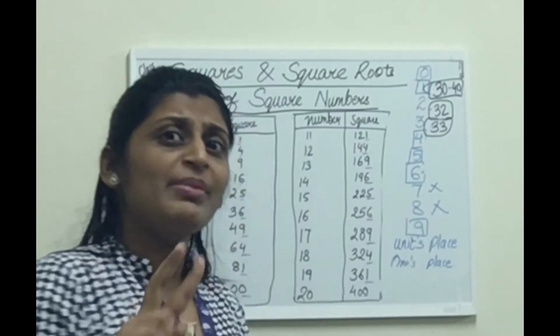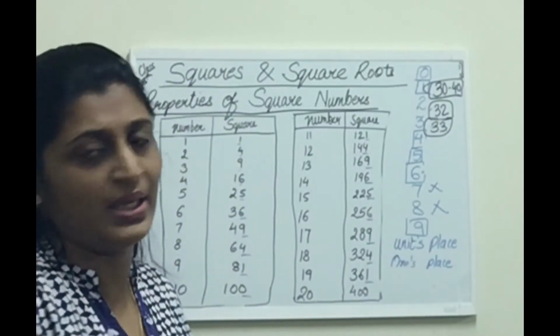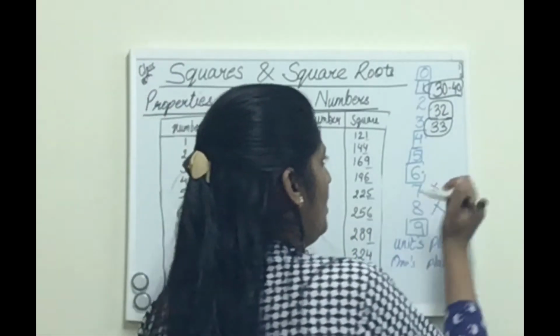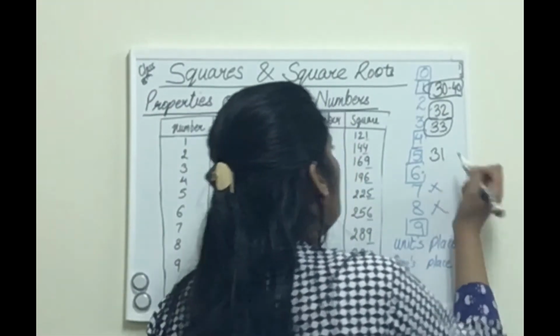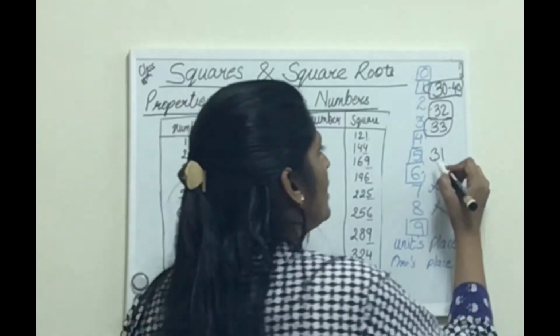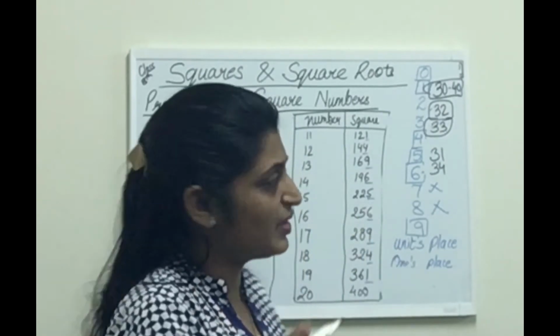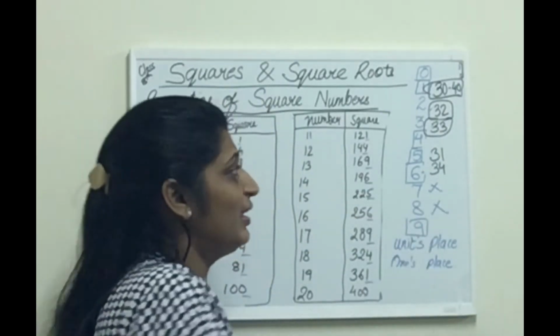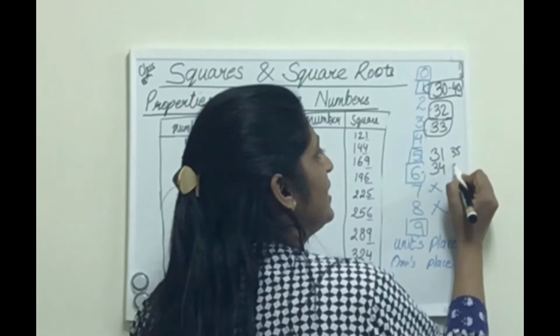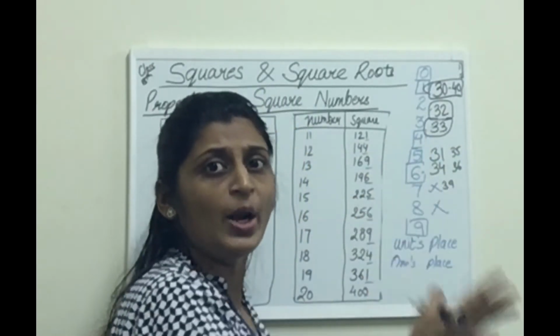Okay, now give me the next 2 numbers which may or may not be perfect squares. So yes, 31 may or may not be a perfect square. 34 may or may not be. There are many others like 35, 36, 39. They may or may not be perfect squares.